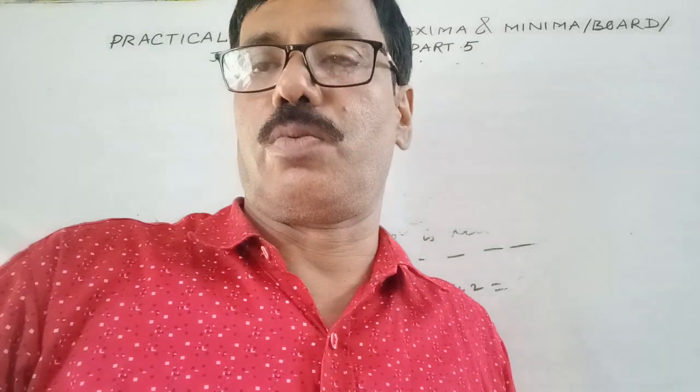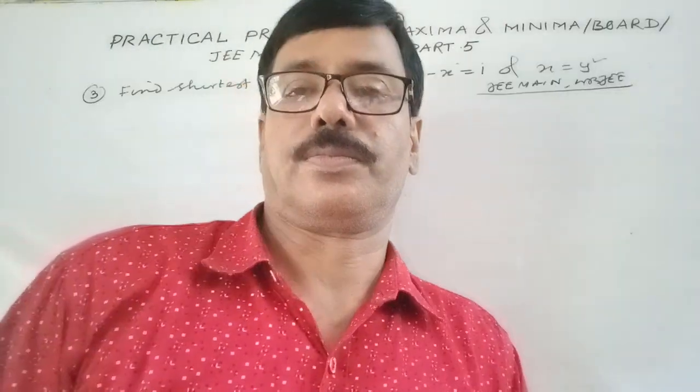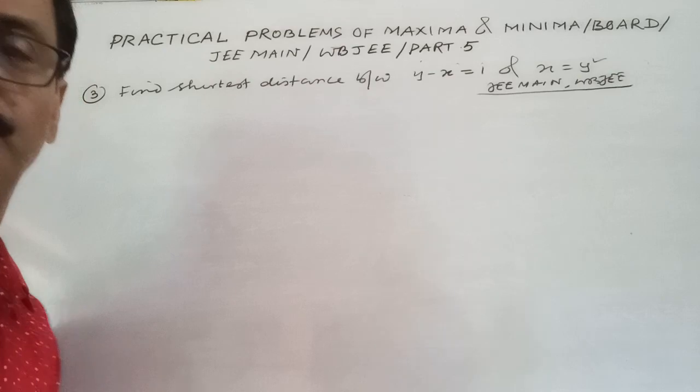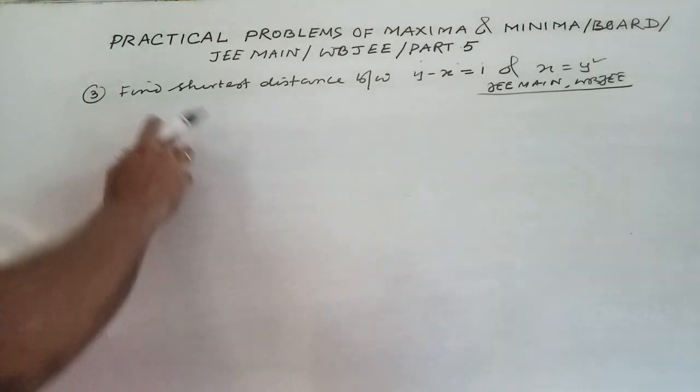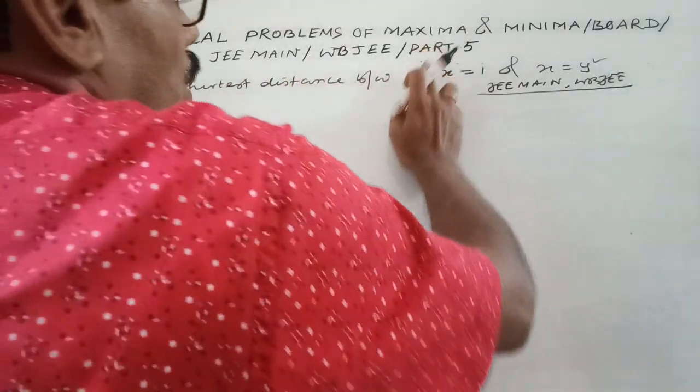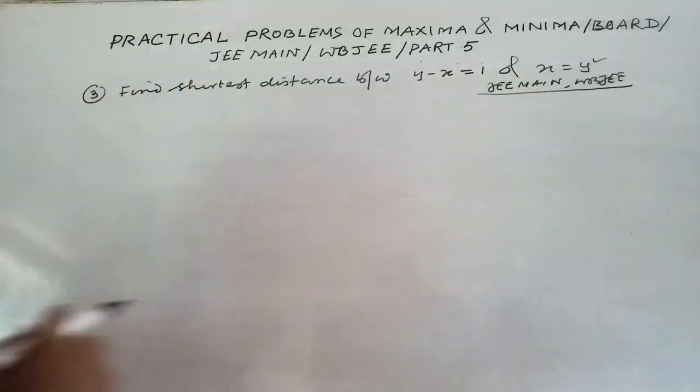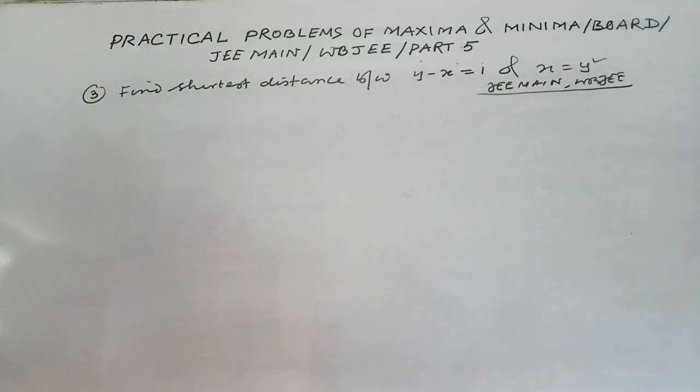Now one more problem. Find shortest distance between y minus x equals to 1 and x equals to y square.